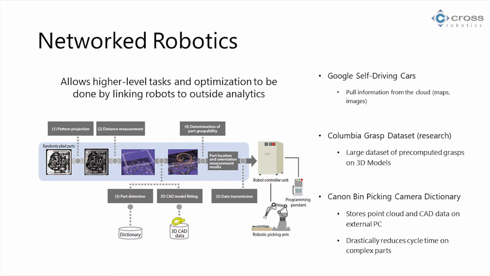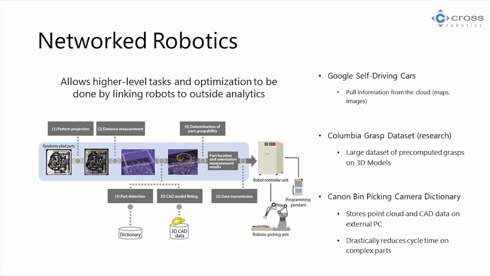Columbia GRASP data set, I mentioned this to you guys earlier. This is very much in the research phase, but basically it's a huge database of all the different ways you can grasp a part with different grippers. So with your machine vision, you look at what's on the table, it's upside down like this, it queries the database, okay, with this part in this position, how can I approach it?